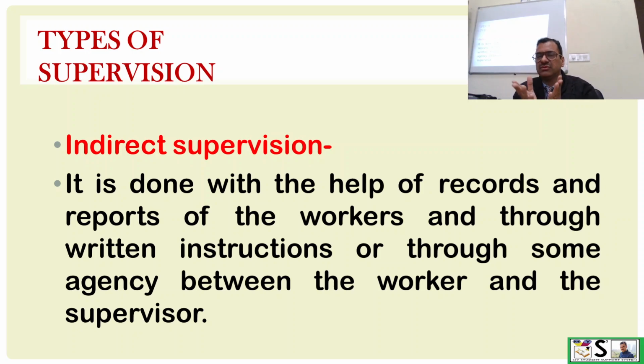By this we can check. So it is done with the help of records and reports made by the workers, and through some written instructions, through some agency between the worker and supervisor. It means you can ask some third party person how they are working.